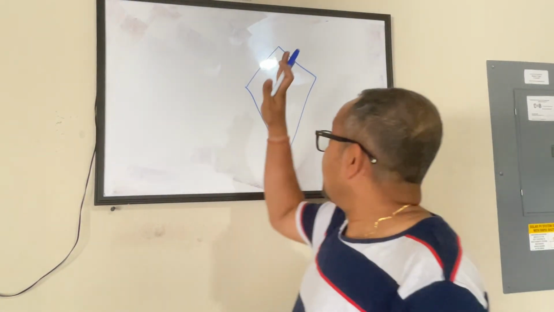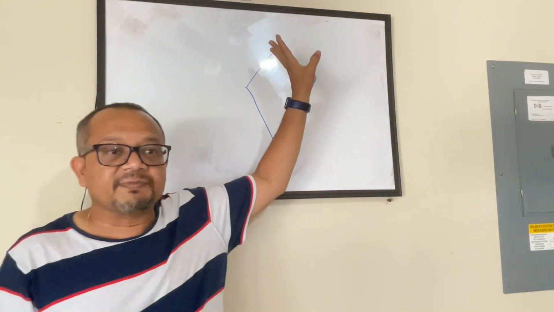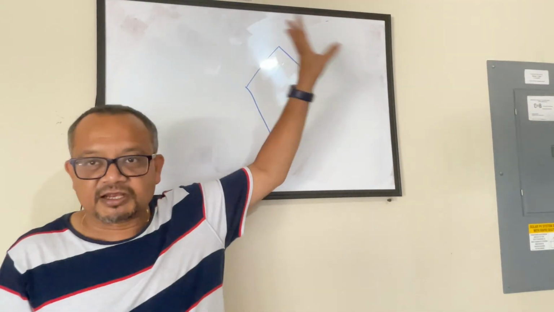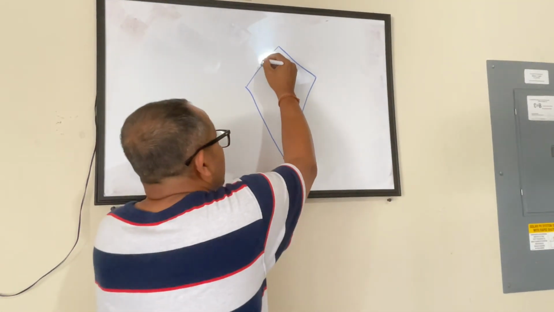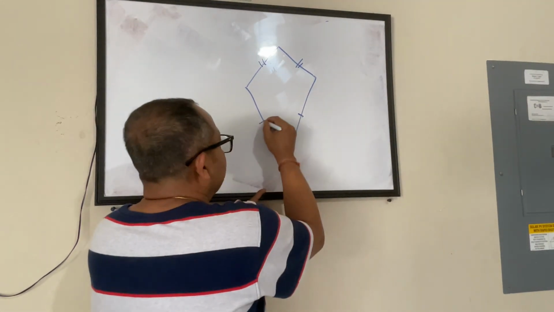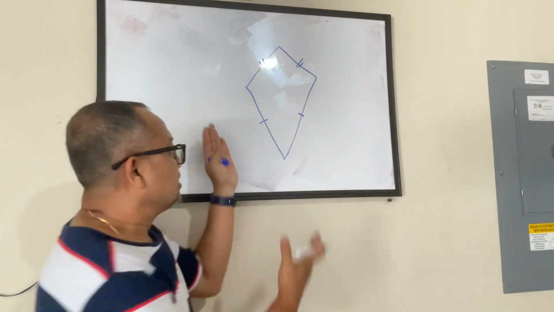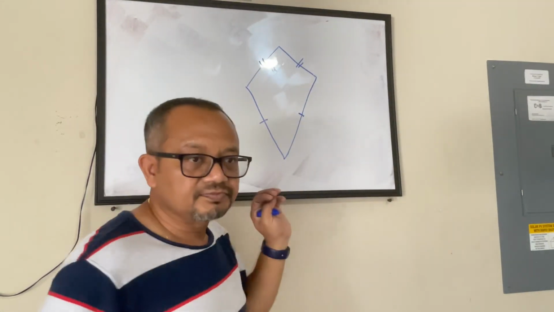Now, when I'm talking about a kite, if we recall the property of a kite, I'm not asking a question. A kite is a shape which has its sides in pairs which are equal. So these two sides are equal to each other, these two sides are equal to each other.